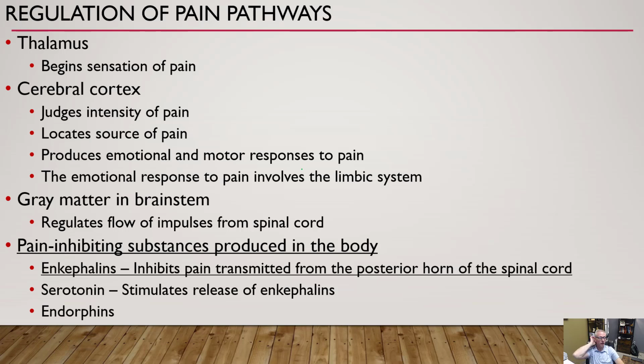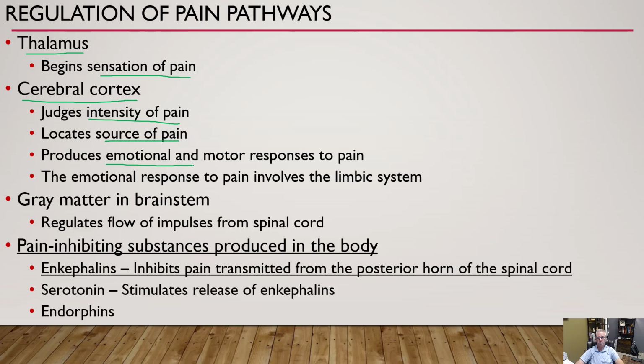All right, pain pathways. Remember, spinothalamic tract. That is going to go up into the thalamus, where you're going to have that sensation of pain. And then it's going to get processed by the cerebral cortex, which is going to look at the intensity of pain and where the source of pain is.